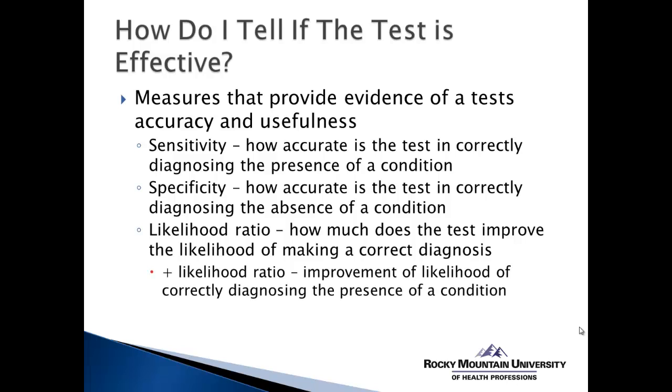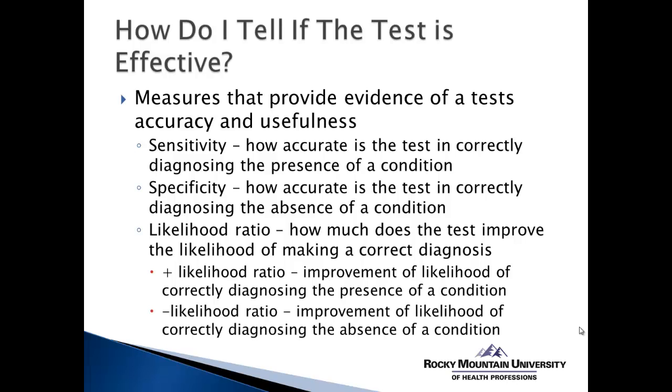Now, the positive likelihood ratio gives us an idea of how well the test improves the correct diagnosis of a condition that is present. So does this improve our ability to make a diagnosis of a person having a condition? Now, a negative likelihood ratio is how well the test improves our ability to correctly diagnose the absence of a condition, or in other words, to rule out whether or not someone has a condition.